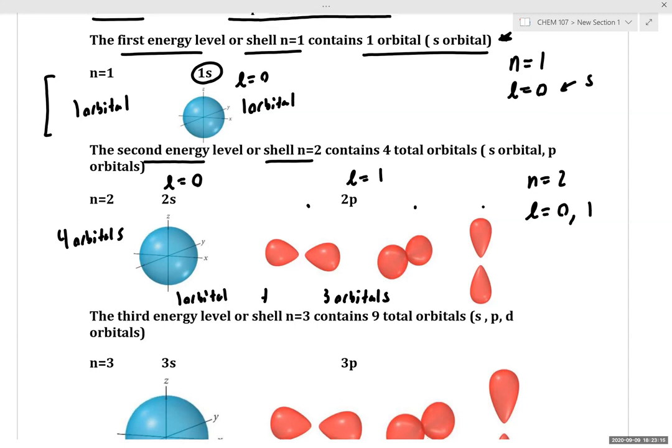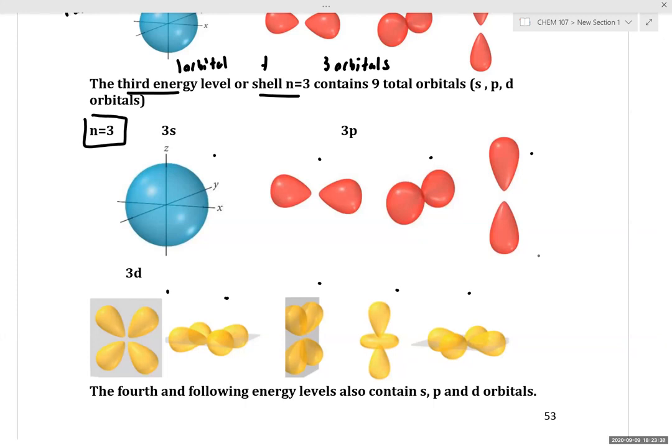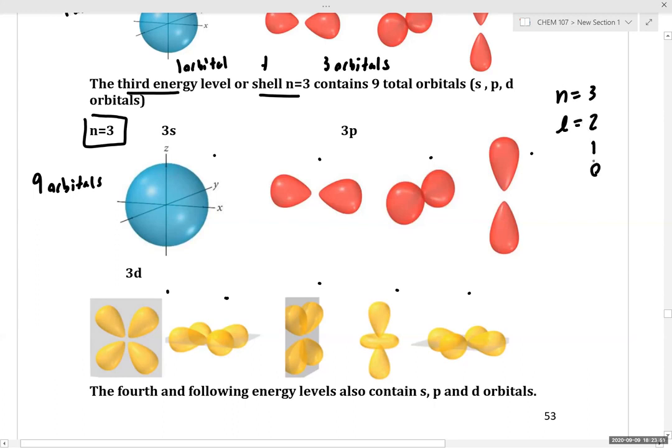Let's look at a third case now. The third energy level or shell is n equals 3. How many total unique orbitals do we see in n equals 3? 9, yep. So we have 9 total orbitals. That's because for n equals 3, we can have L equals 2, 1, and 0.